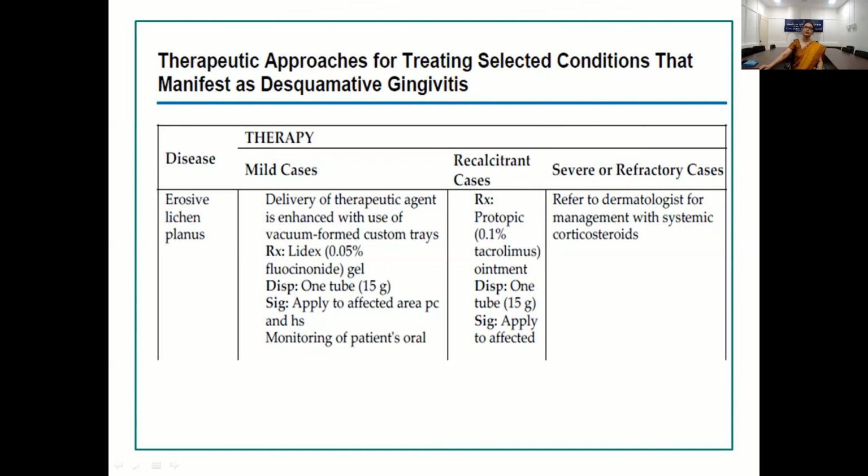And in severe or refractory cases, you have to refer the patient to a dermatologist for management with systemic corticosteroids. So the management for desquamative gingivitis is topical application of corticosteroids, and in severe and refractory cases, systemic administration of the corticosteroid is needed.